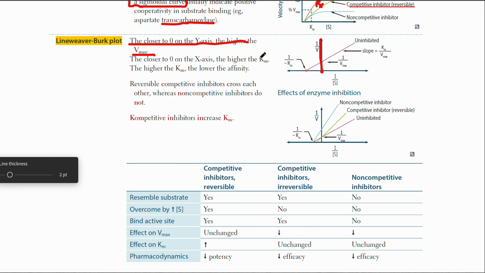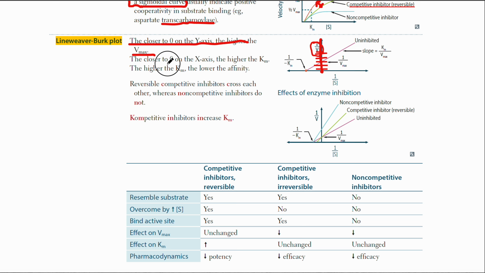So the closer to 0 on the y-axis, this is the y-axis right here, the higher is the Bmax, right? If this is the point where the reaction velocity is maximum, the closer to 0, the higher is the Bmax. You can see the farther you go, the lower is the Bmax. It is inversely proportional. You can see 1 by V on the y-axis.